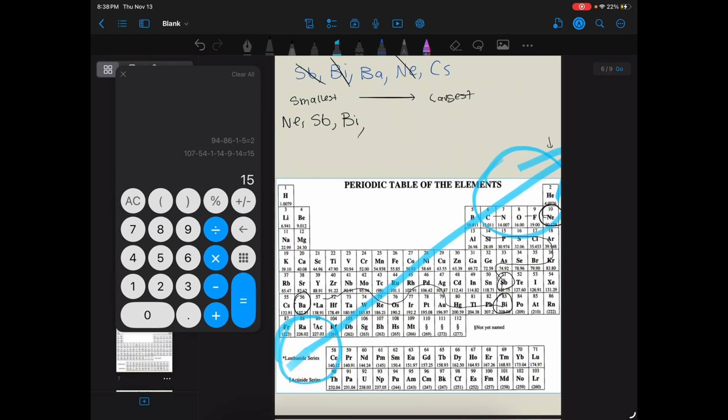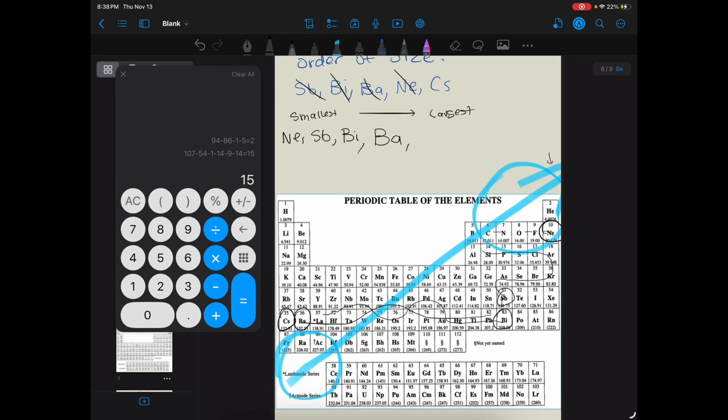Since BA is the next one that's to the left, it's larger. So we would write BA. And then the final element right next to it, 55, since it's even more left than BA, it's larger, following this general trend. So we would write that as CS right there. So that would be our final answer for going smallest to largest.